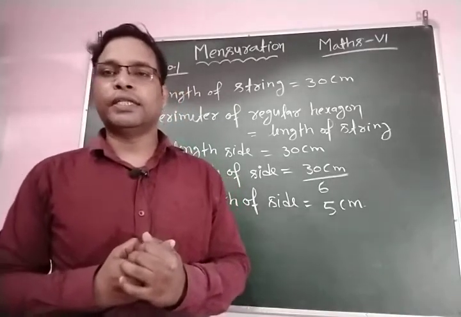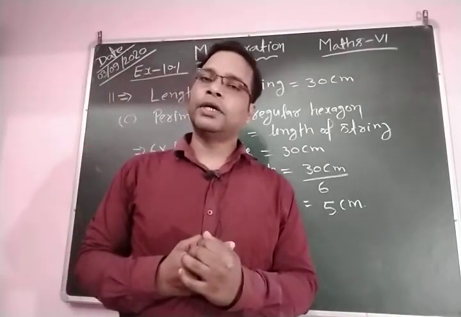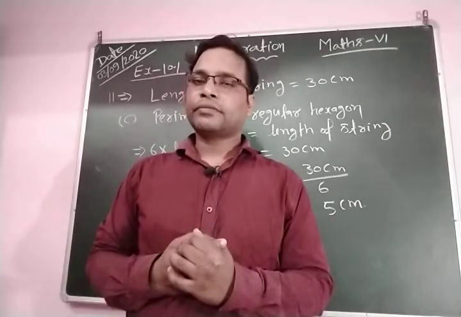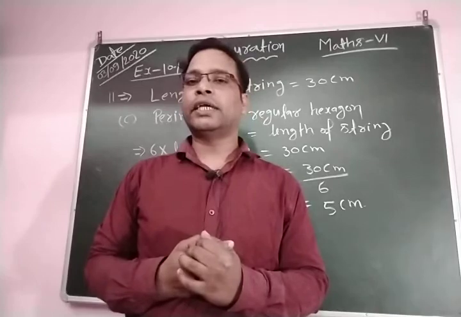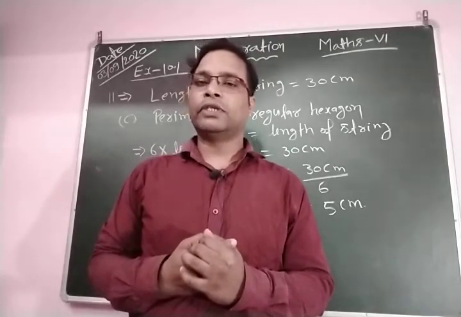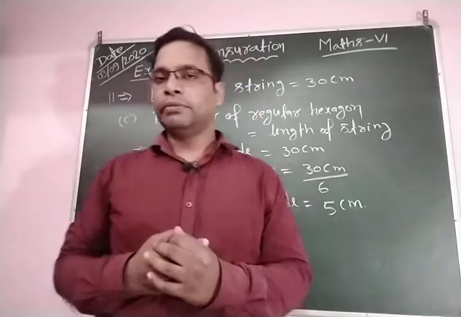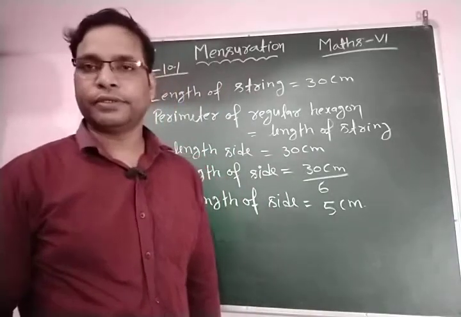Okay, so for this, first we draw a triangle. After this, we find the third side of this triangle, whose two sides are given. The lengths of the sides are 12 centimeter and 14 centimeter. So let's see how to do it.